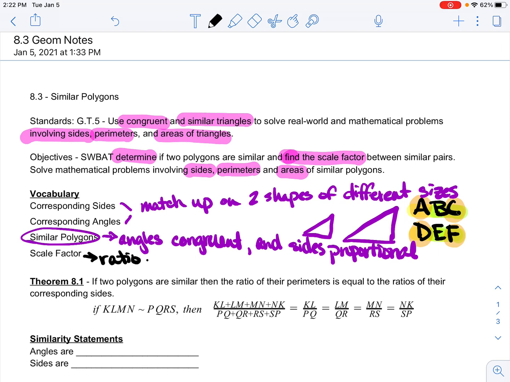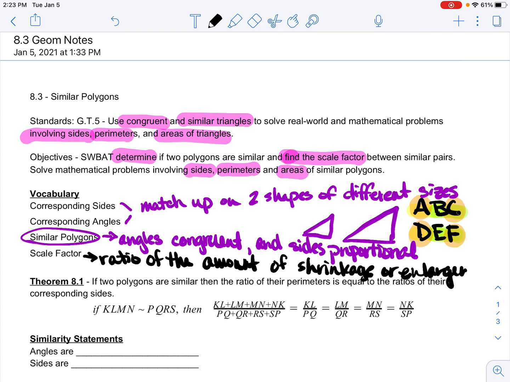It's a ratio of the amount of shrinkage or enlargement between the two shapes. The scale factor is typically written as a fraction or a whole number, just as an FYI.